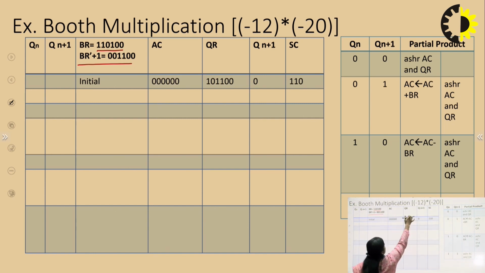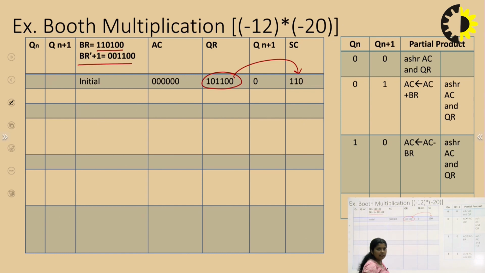So, let's start with this particular example, the QR register. Initially, you first have to write the multiplier value here, and whatever the multiplier value bits, that is the 6, this 6 will go in here. 6 means the binary representation is 110, you are writing it here.